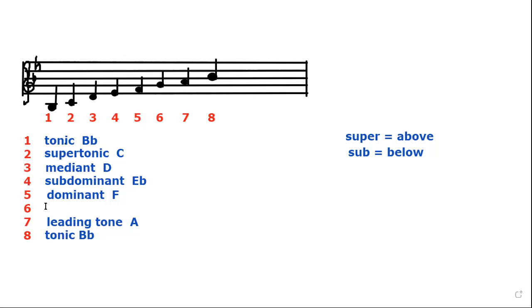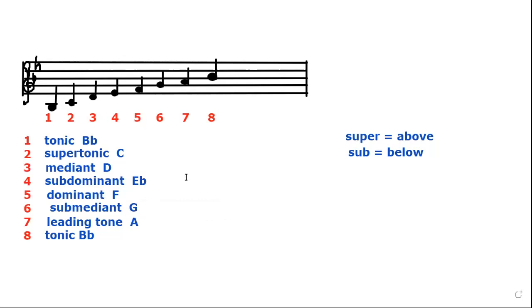Okay, we only have one left, and that is the 6th scale degree. Now this one can be a little bit tricky, so I'm going to just tell you what it is first. It's the submediant, and in this scale, it is the note G. Got confused here.